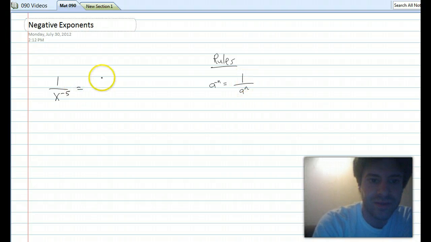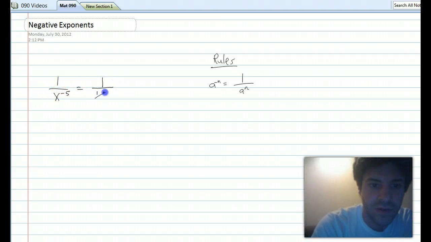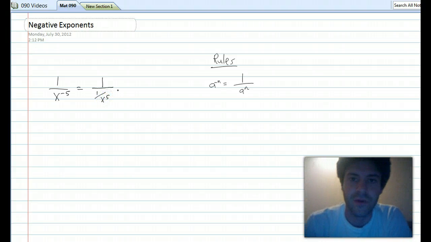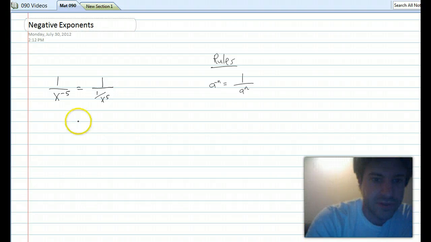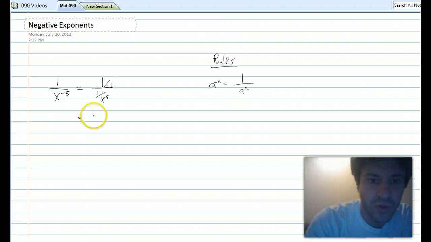So we can actually rewrite this thing. We leave the 1 as it is there in the numerator, and we rewrite x to the negative 5th as 1 over x to the 5th. Now remember your rules about fractions. What we can do is think of the numerator as 1 over 1, and we're dividing fractions now. We have that whole rule. Sometimes people like to call it copy dot flop.